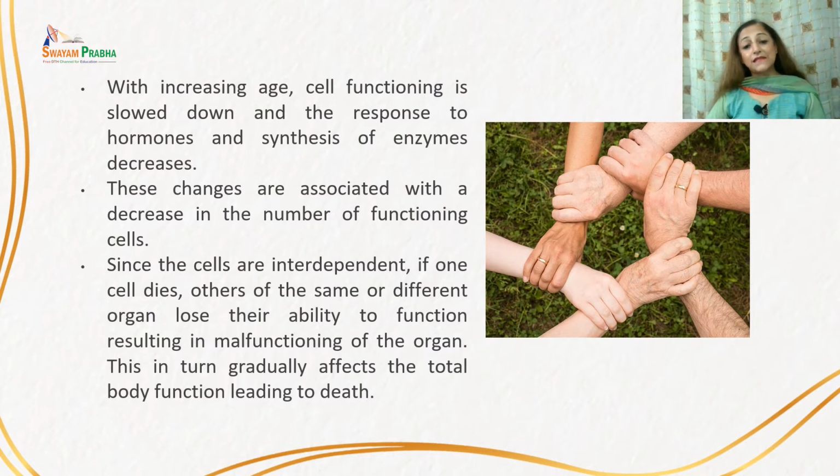Since these cells are interdependent, if one cell dies, another cell of the same or a different organ will lose its ability to function, because one cell is dependent upon another cell or tissue, so that the whole body works in sync.